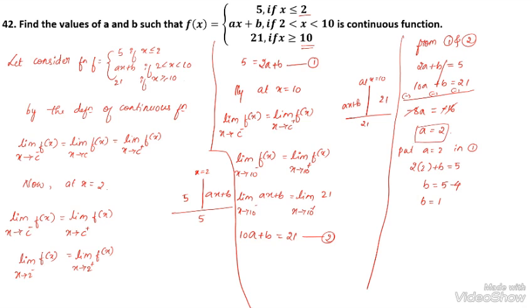Here a is 2 and b is 1. Therefore, the values of a and b are 2 and 1 respectively. This is the solution of the given problem. Let's move on to the next question.